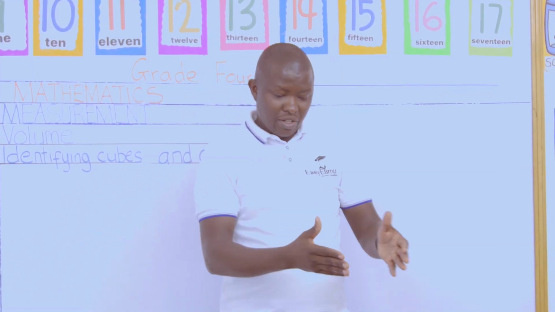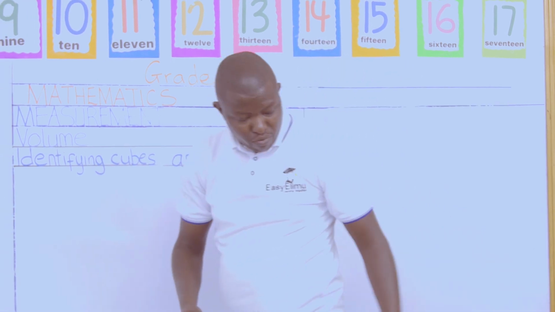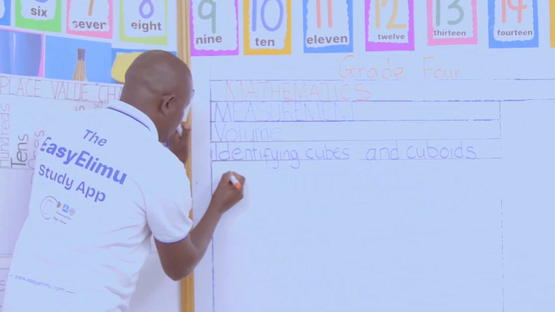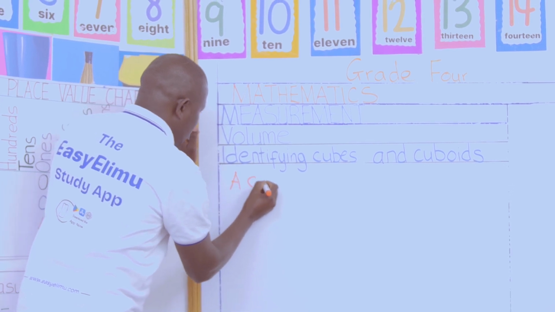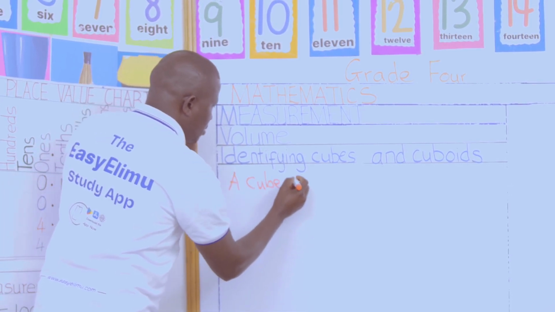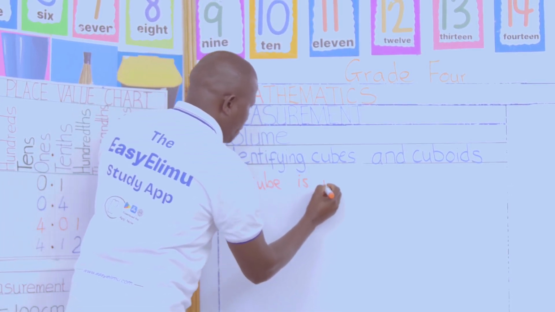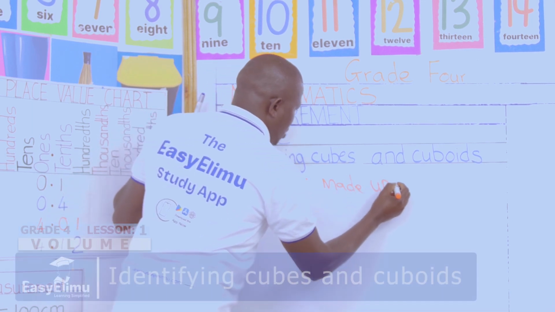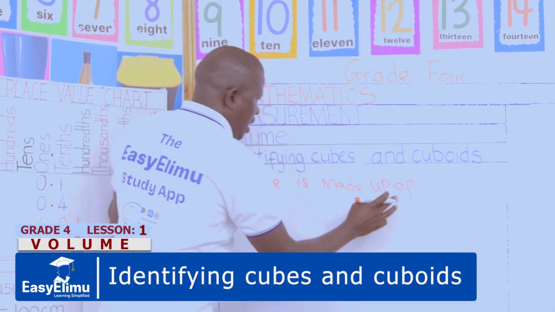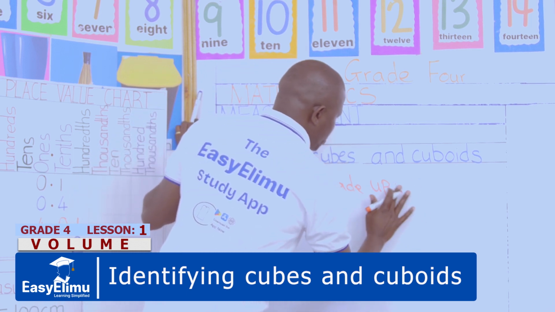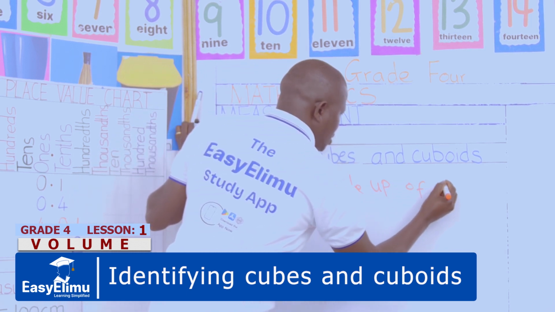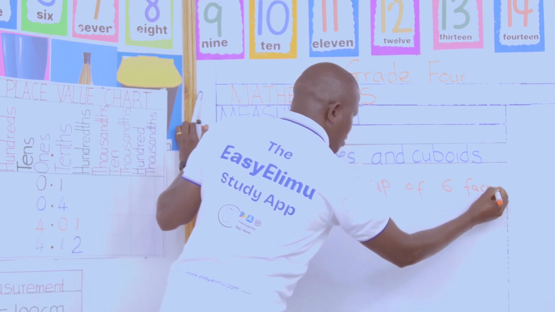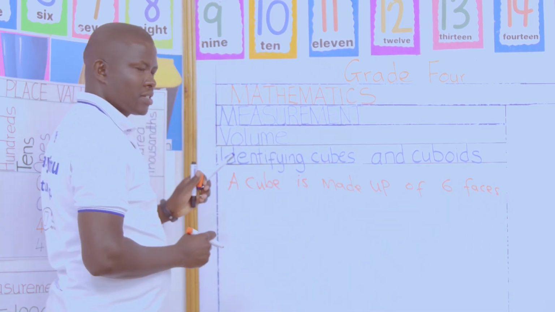Now, we have said cube. We have mentioned the following. A cube is made up of 6 faces.